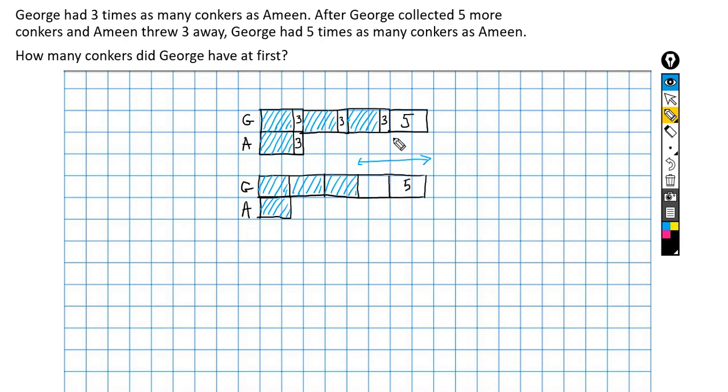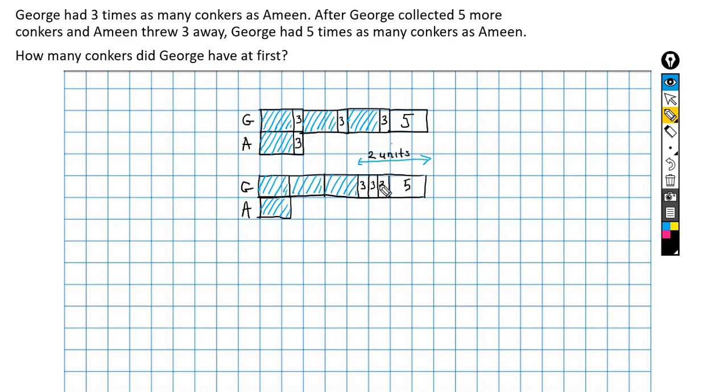That's that 5 from up here, and then I've got 3, 3, 3. Hopefully you can see that. So this 3 is here, this 3 is here, this 3 is here, and these all together must be equal to 2 of these units.